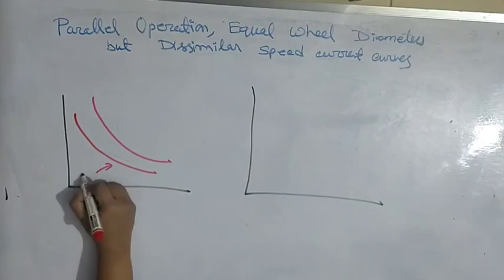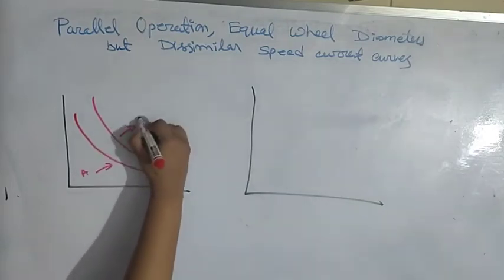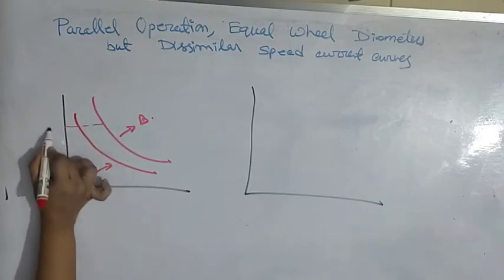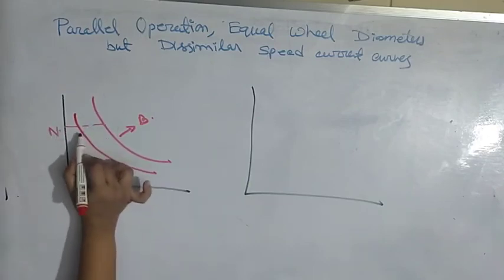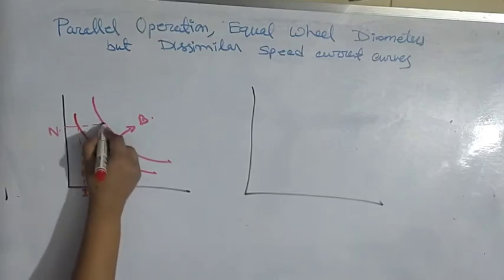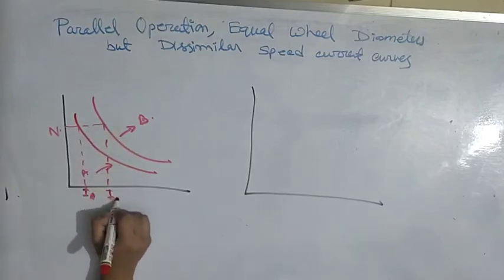This is for machine A and this characteristic is for machine B. This is IA. This is IB.